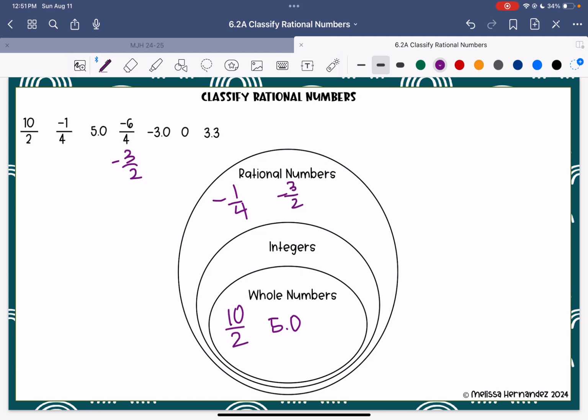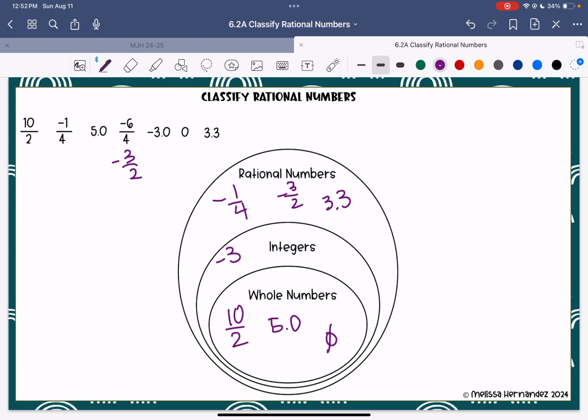It's the opposite of a positive whole number. So we're going to put that into the integers section. Now 0 is considered a whole number, so we're going to put that right there. And then the last one is 3.3, or 3 3/10, and that is a true decimal. So whether it was positive or negative, we would put it under rational numbers.